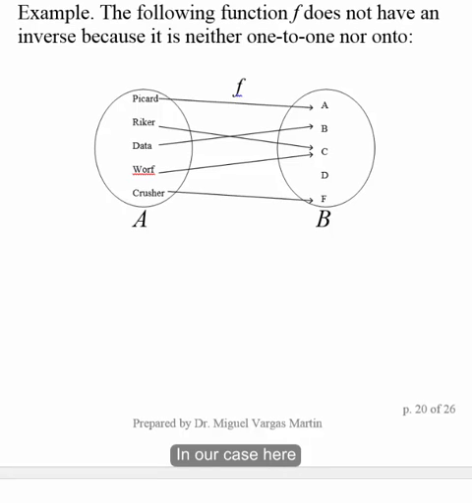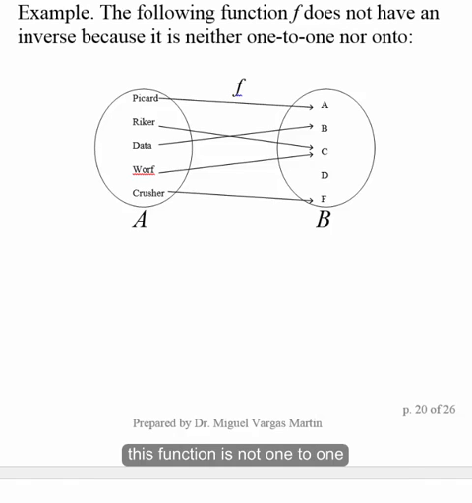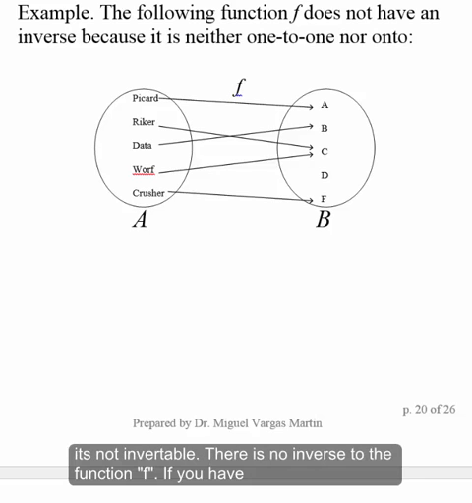In our case here, with our Starfleet Academy example, we said before that this function is not one-to-one and is not onto. This will show you why it is not invertible. There is no inverse to the function f.